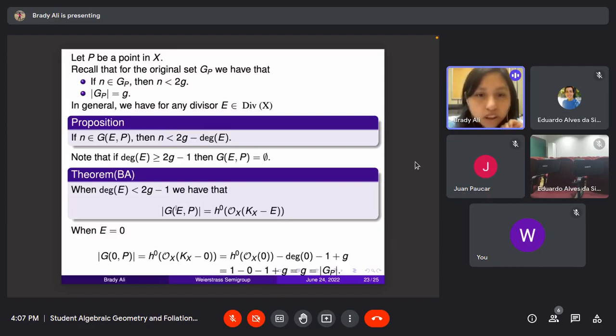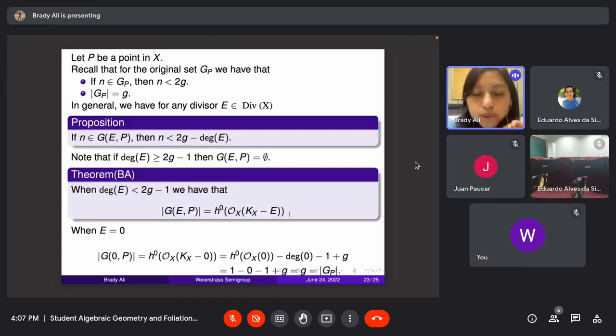If we compute the cardinality of G_0^P, from this theorem it is equal to the dimension of O_X(K_X minus 0), and using the Riemann-Roch theorem, this will be equal to g. And if we recall, the Weierstrass Gap Theorem tells us that the cardinality of this set is equal to g. So in the case when E is equal to 0, we have the Weierstrass Gap Theorem.